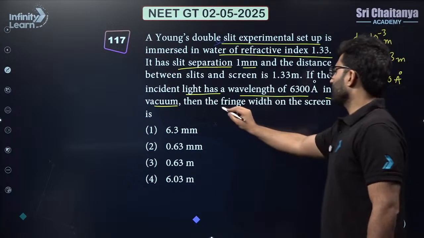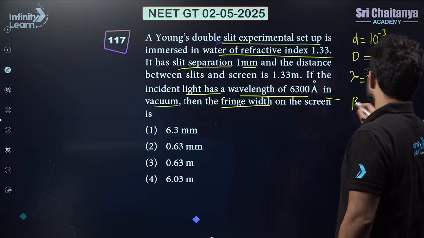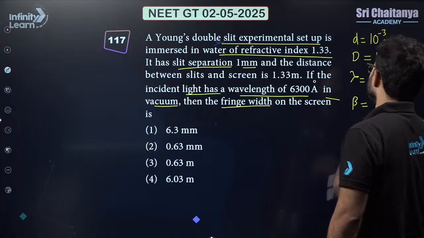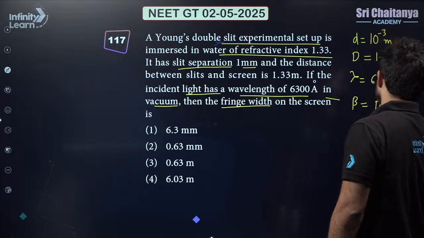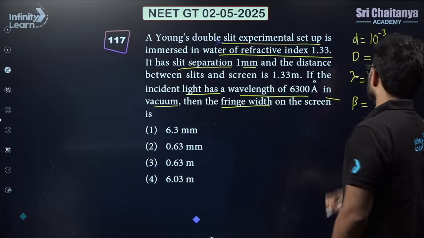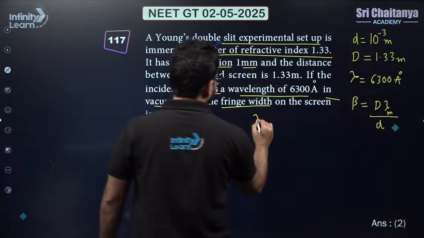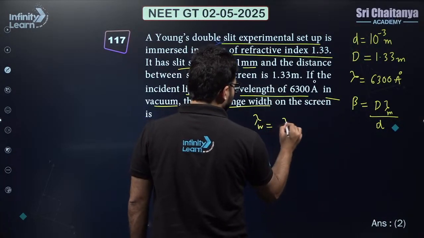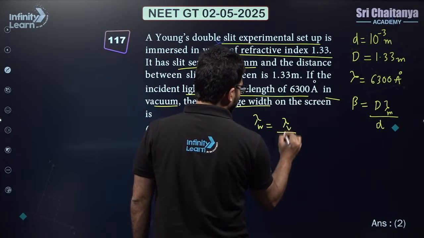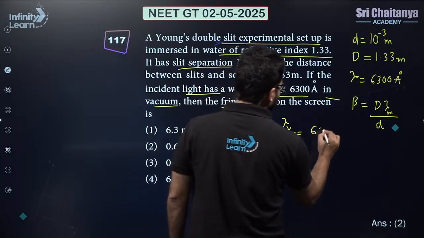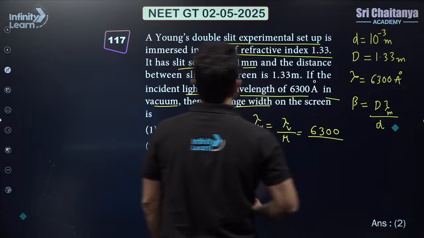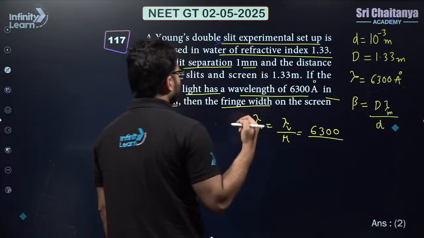So you might do this wrong by taking this in water, right? So we have to calculate the fringe width. What is the formula for fringe width? That is D lambda in medium divided by small d, right? So what is lambda in medium? So lambda in water would be equal to lambda in vacuum divided by mu, right? So which is 6300 divided by mu, that is I think 1.33, right?